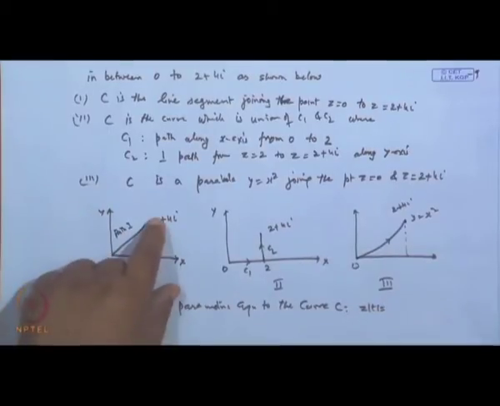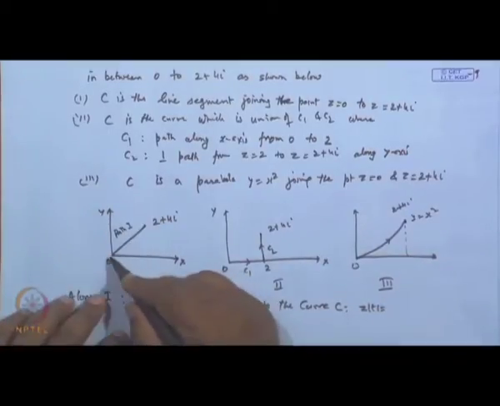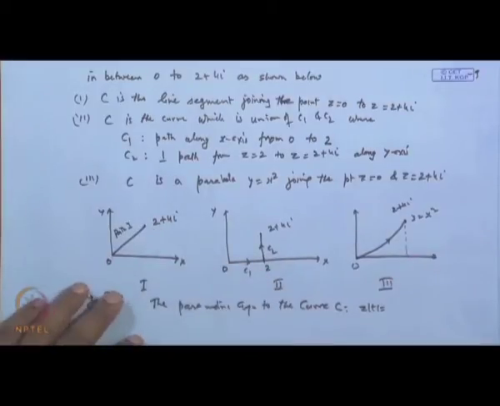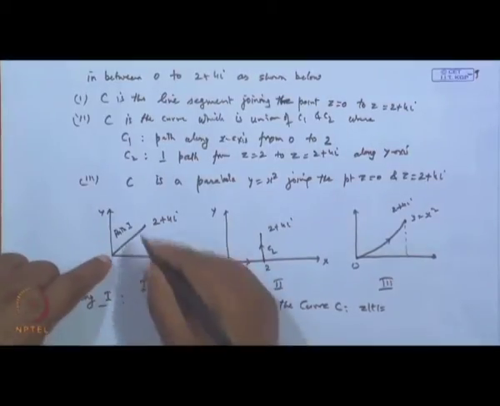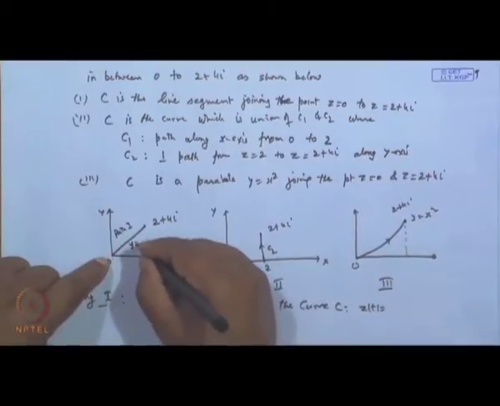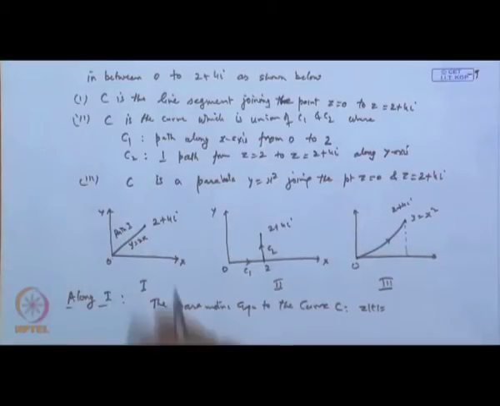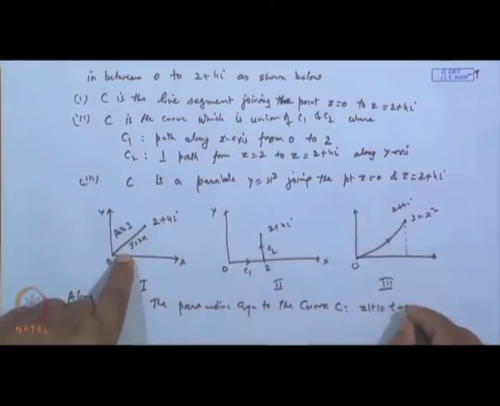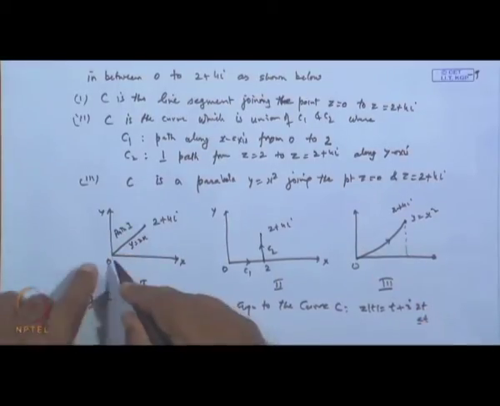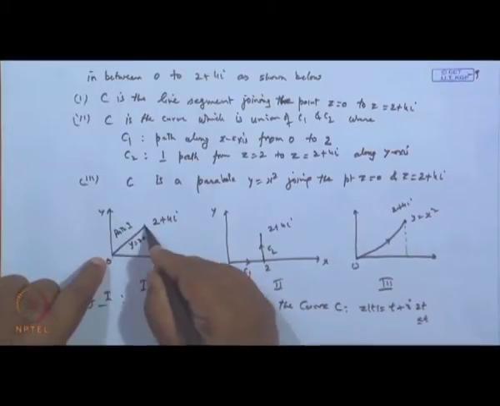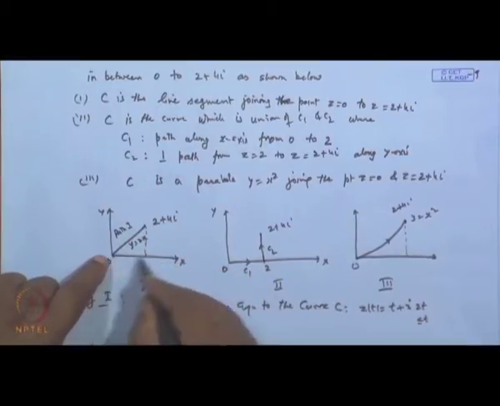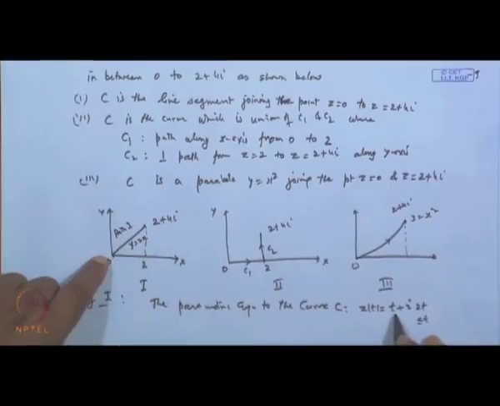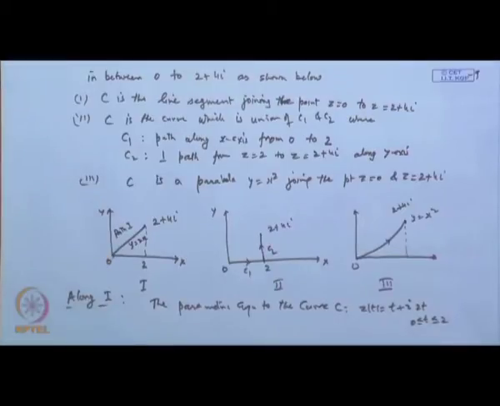This is the straight line joining (0,0) and (2,4), so the equation of this straight line becomes y equal to 2x, is it not? If I take x to be t, then y becomes 2t, and t must vary such that the entire thing is covered. Since x varies from 0 to 2 and I am taking x to be t, t must vary from 0 to 2. Did you get me?